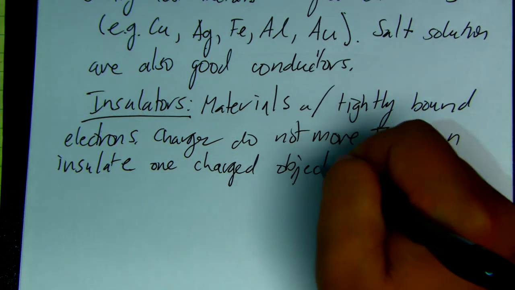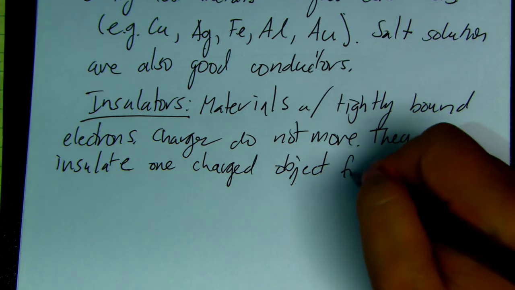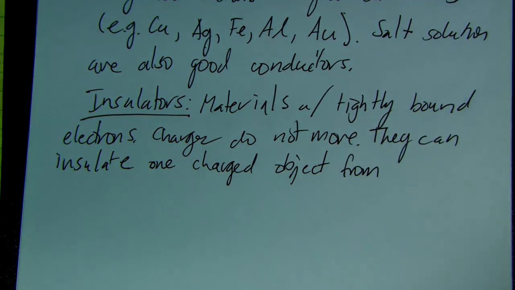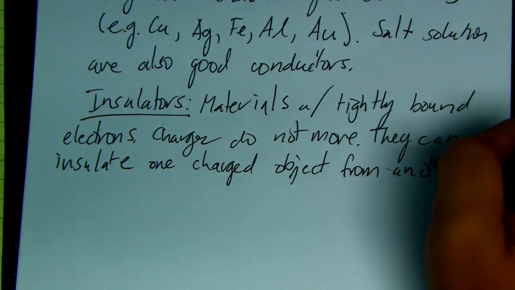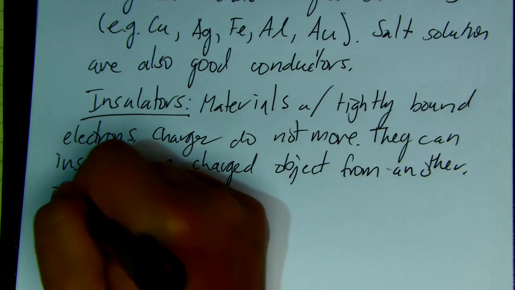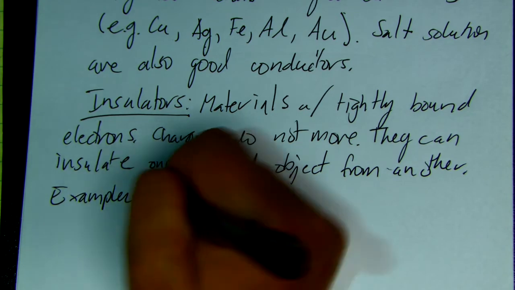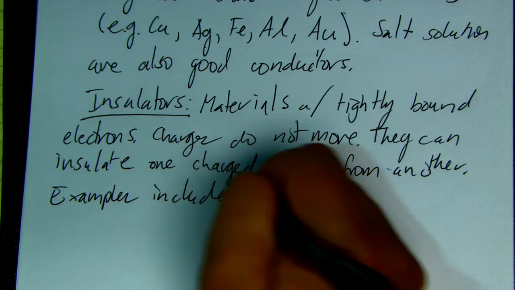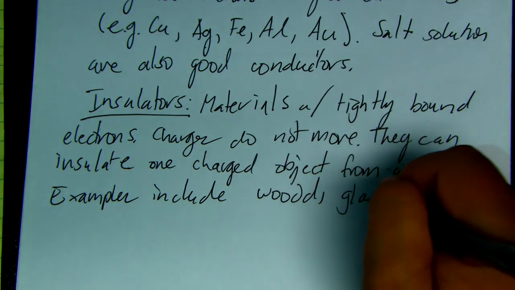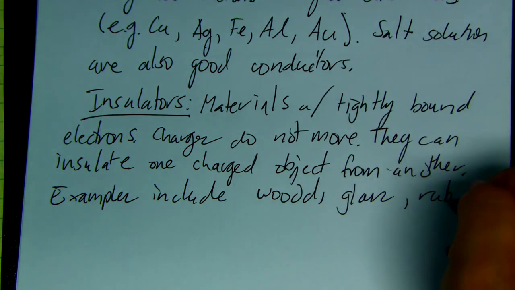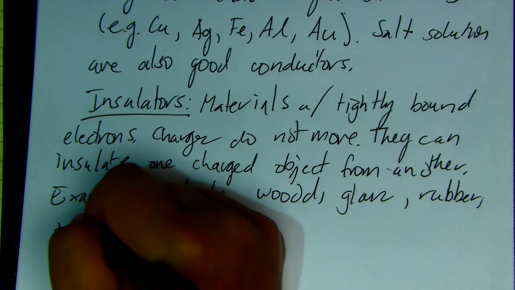So wires are typically coated with an insulator to protect you, and also to keep the charges in that particular wire. Some examples include wood, glass, rubber, and plastic.